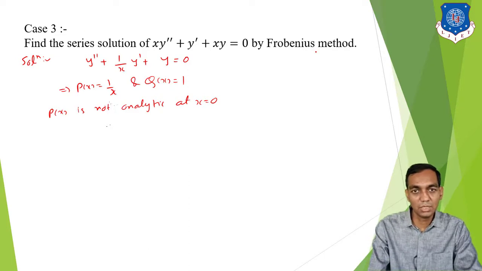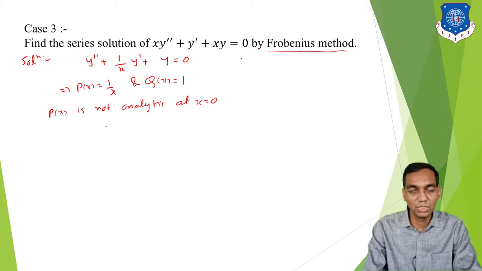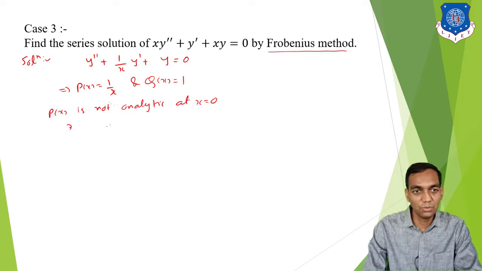Now see, here the point is not given, but you have been told to use the Frobenius method. That means you have to find the solution near a regular singular point. So x equal to 0 is now your singular point. This is the only singular point.